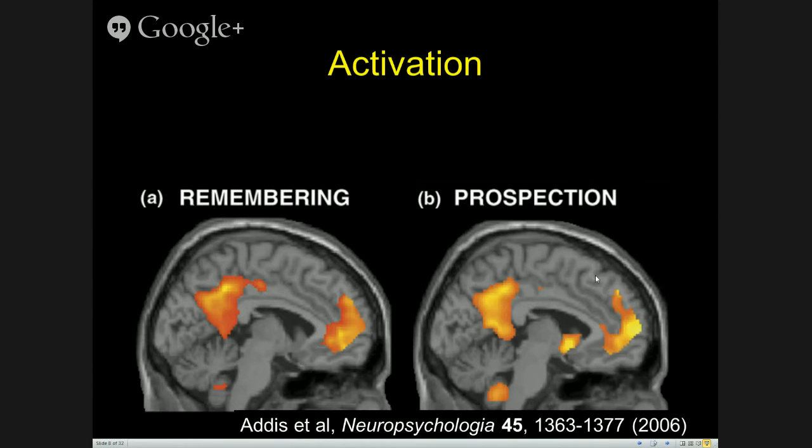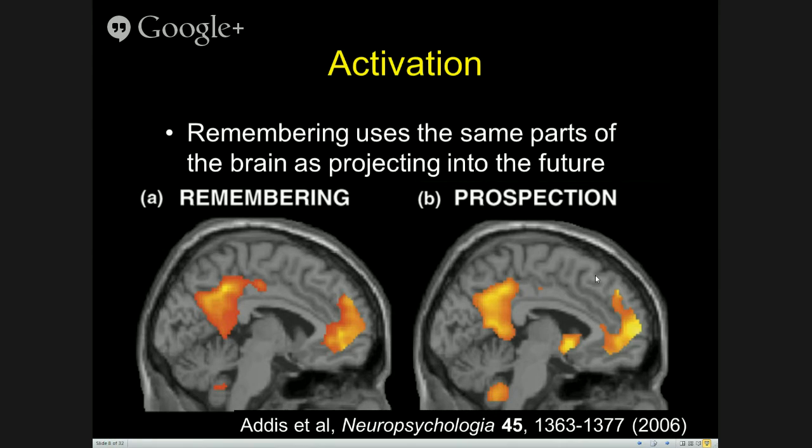And lo and behold, the same parts of the brain lit up. So this tells us that remembering uses the same parts of the brain as projecting into the future or problem solving or integrating new knowledge. So presentations that can stimulate the memory or presentations that are memorable are more likely to be integrated into one's skill sets and easier to recall for future use.